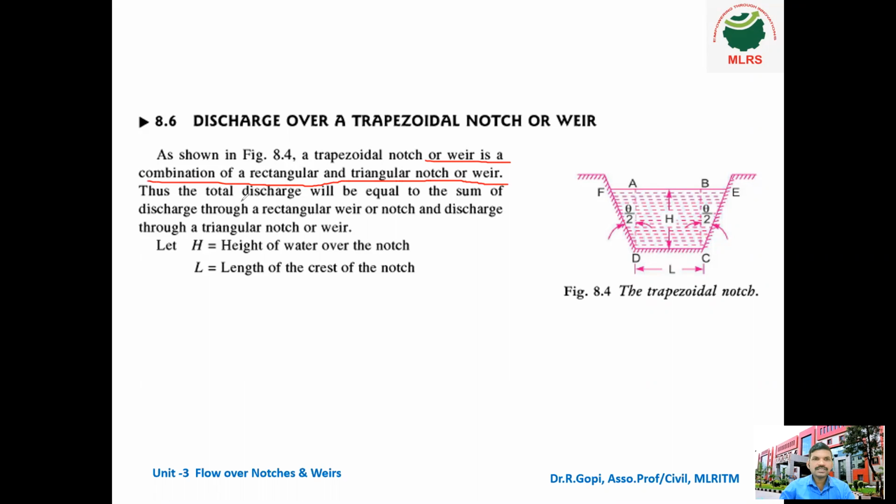Thus, the total discharge will be equal to the sum of the discharge through a rectangular notch or weir and the discharge through a triangular notch or weir. Since it is the combination of both, the discharge is also the sum of the rectangular notch and triangular notch.